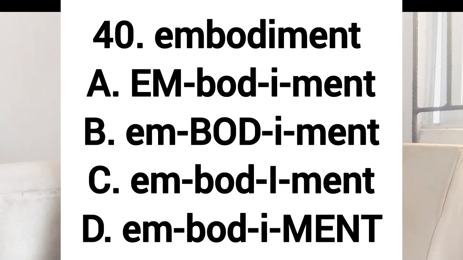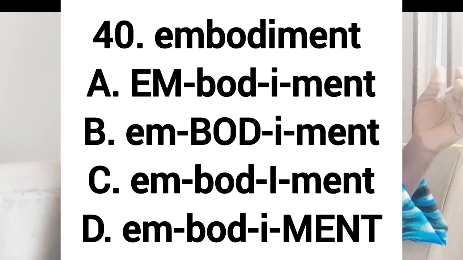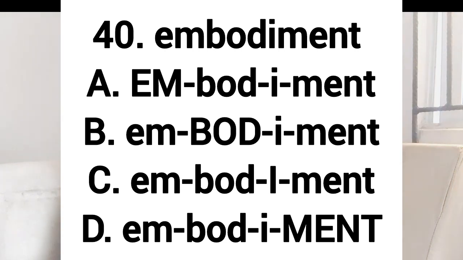Embodiment. Em, bod, i, ment. The pronunciation would tell you where the sounds from each syllable, the power of pressure added to each syllable would tell you where the stress falls.